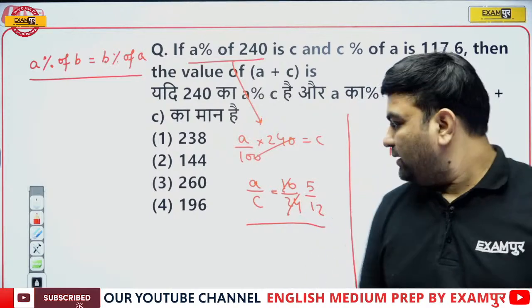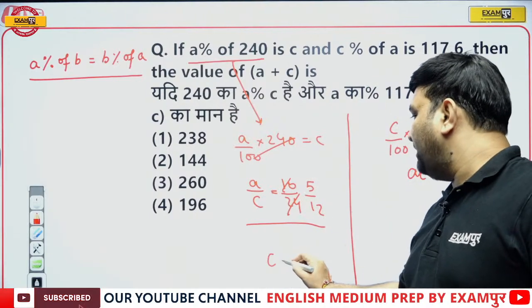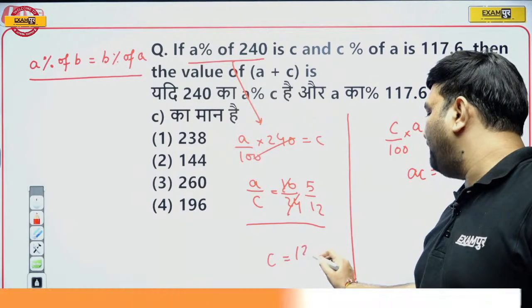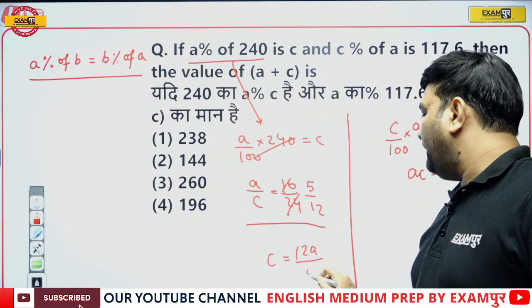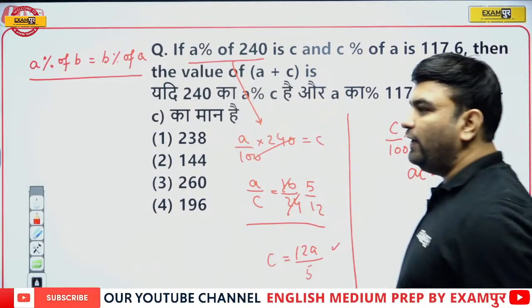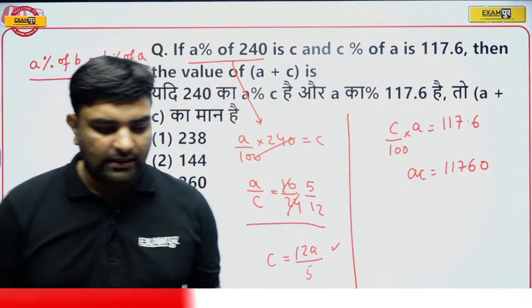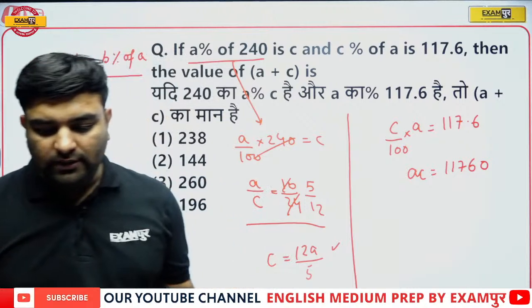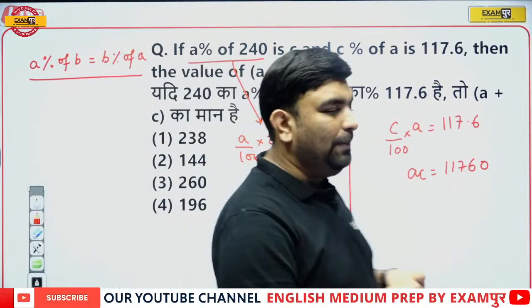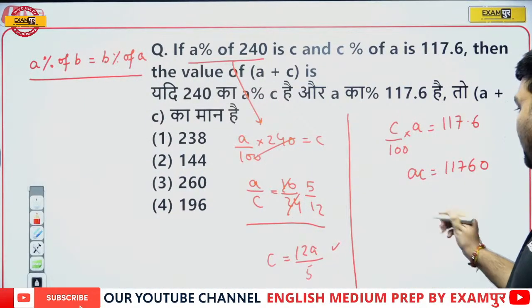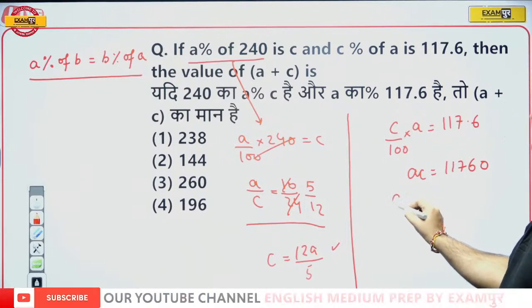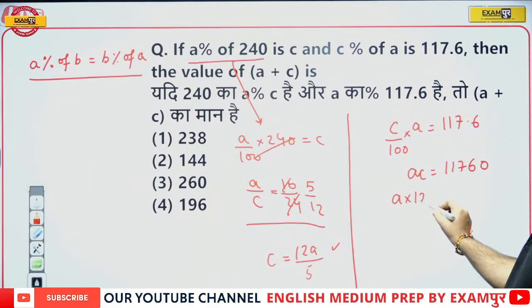Now, can we write C as 12A by 5? Actually, we want to find out either the value of A or C. So I am replacing C by 12 by 5A.